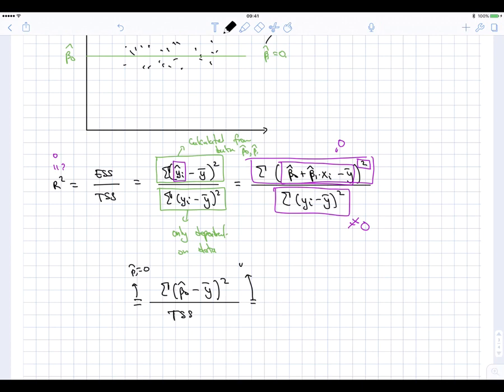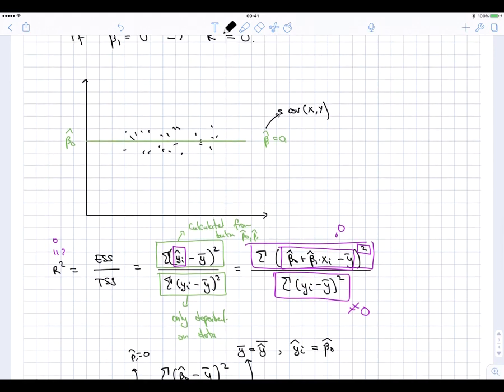What do you know about y bar and y hat bar? They are the same. Okay? What do you know about yi hat in this particular situation? Because beta 1 hat is 0, yi hat is simply going to be equal to beta 0 hat.